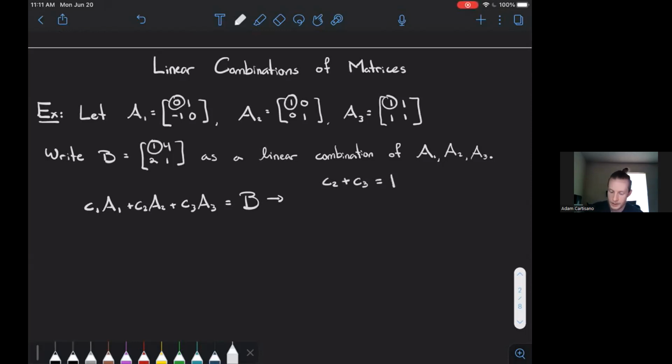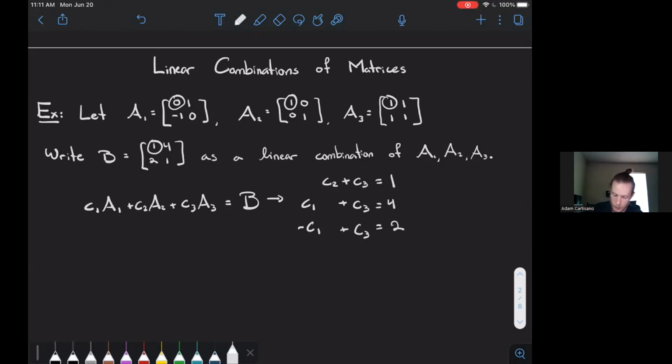Now just repeat that with the top right entry. Then that will tell me that C1 plus 0 plus C3 equals 4, right? The top right entry of all these matrices. And then the bottom left entry, I want negative 1 C1, 0 C2, and 1 C3 to be equal to the bottom left entry of B, which is 2.